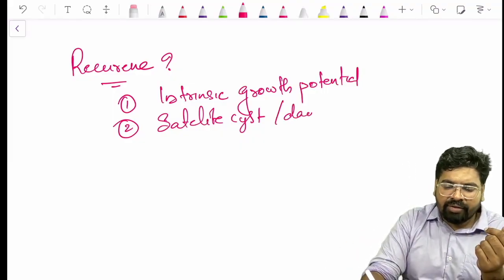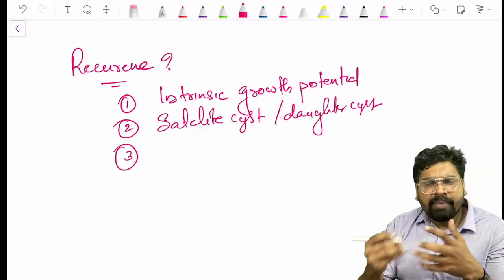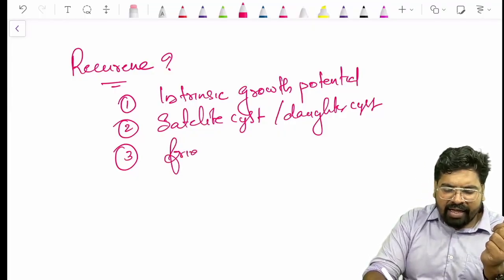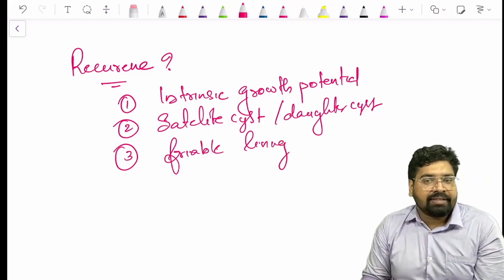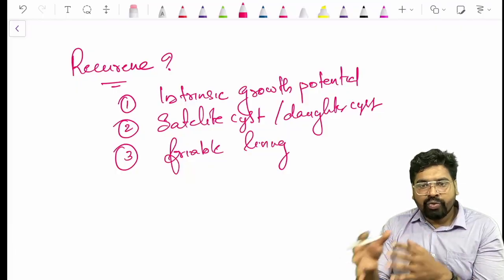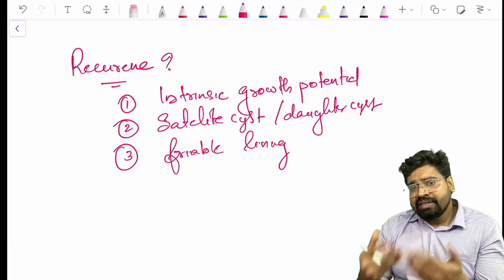And the third reason is the friable lining. So all these are reasons for recurrence. We learned at the time of UG that these are all the reasons for the recurrence.